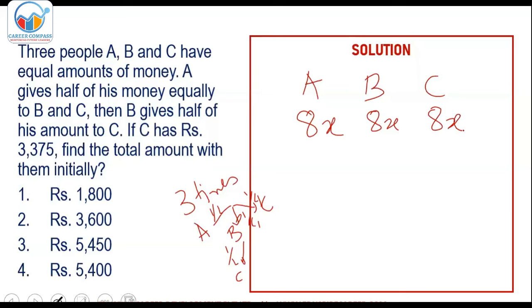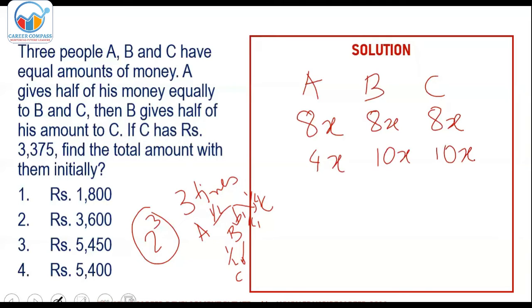That is exactly why I gave you this understanding that we are looking at making it half three times. Once A is making it half and distributing among B and C, and similarly, B is giving his half to C. So if I do that, then we have something like this, right?